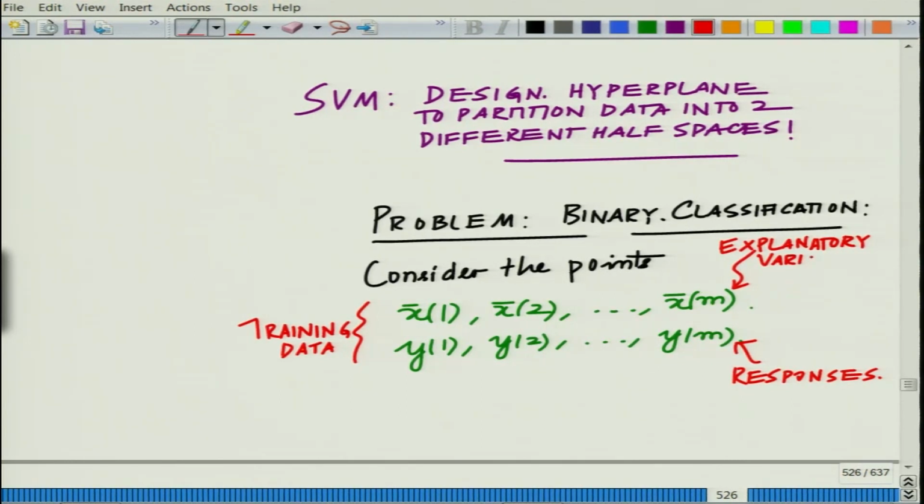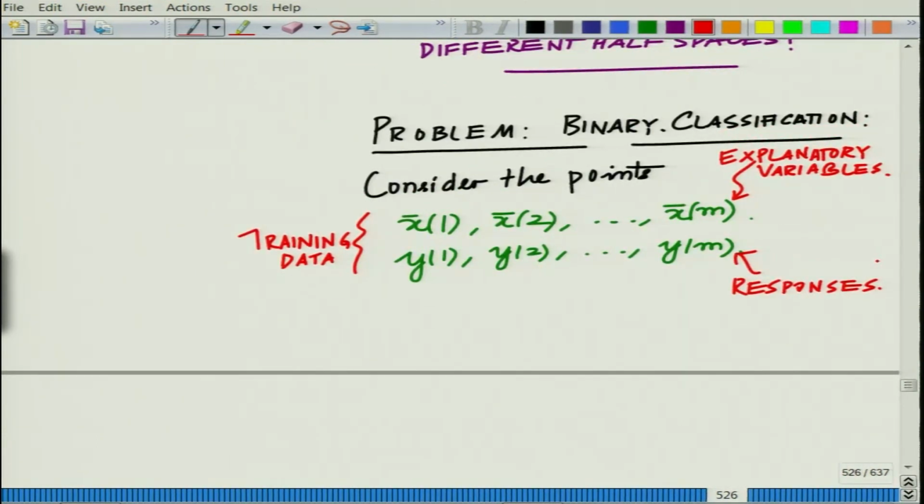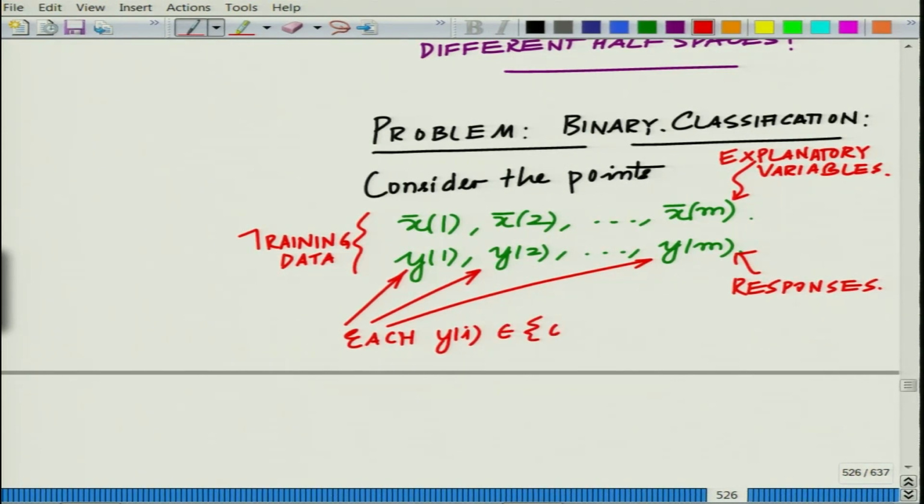Each yi belongs to this set. We will not call it exactly 0 or 1, we will call it -1 or +1.